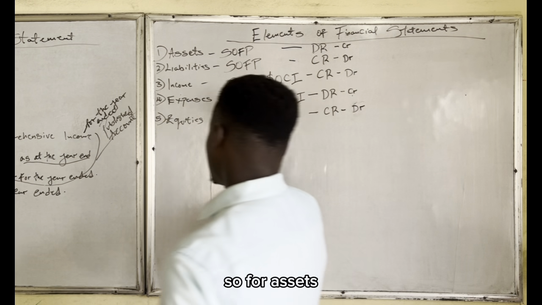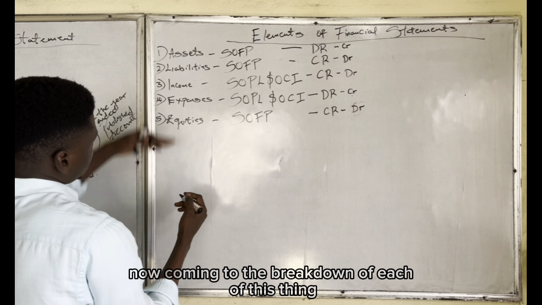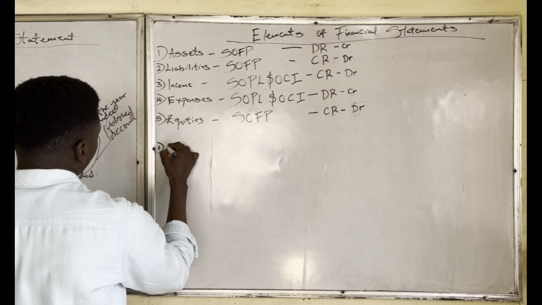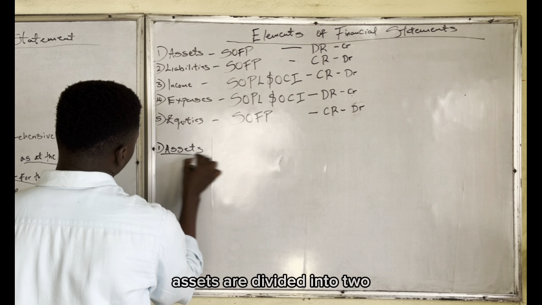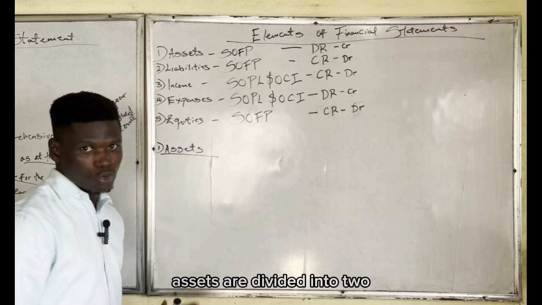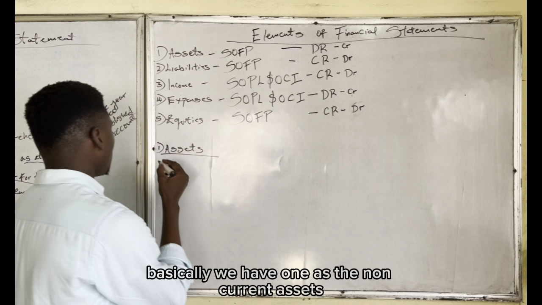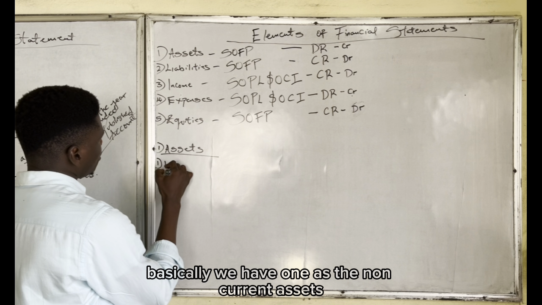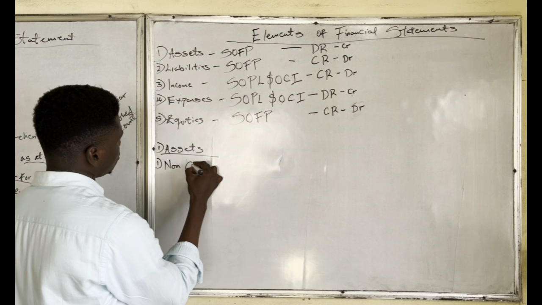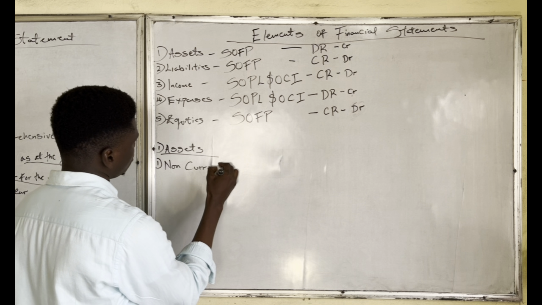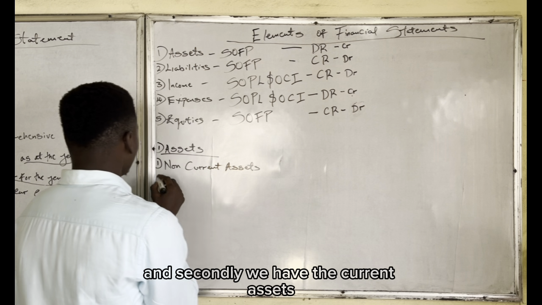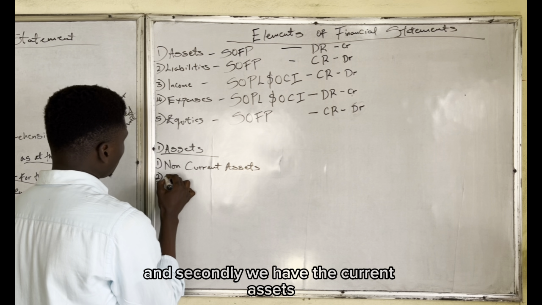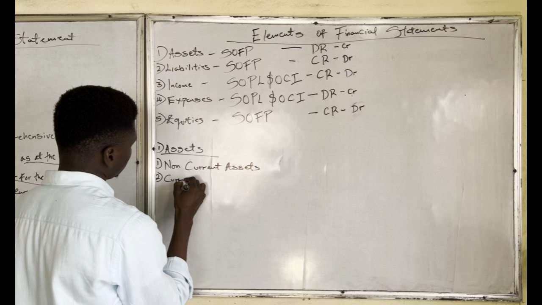So for assets, now coming to the breakdown of each of these things. Assets are divided into two basically. We have the non-current assets, and secondly, the current assets.